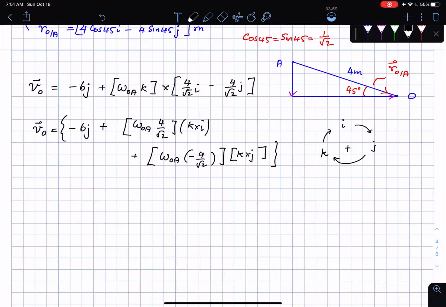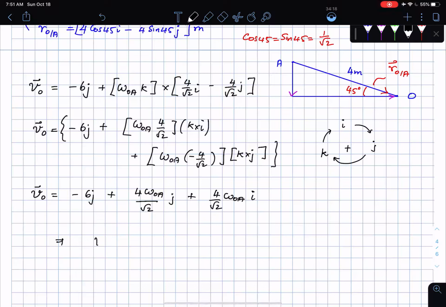So if I do the substitutions, I get V naught is minus 6j, k cross i is j, so this is 4 omega OA by root 2 j, and then I'm going to have k cross j is minus i, but I already have a negative sign, so this is going to be 4 by root 2 omega OA i.